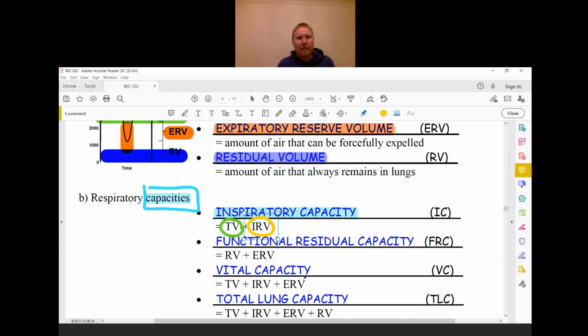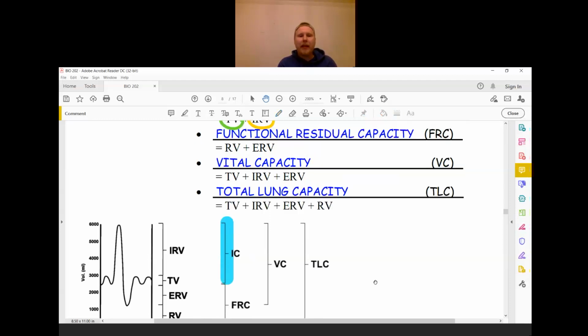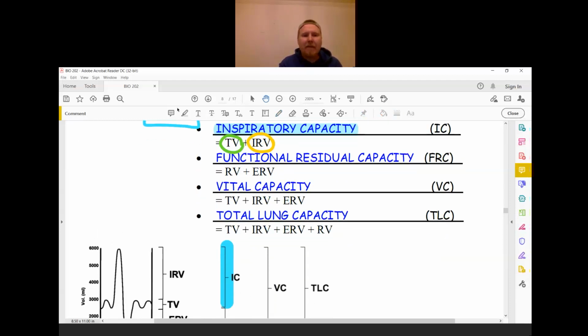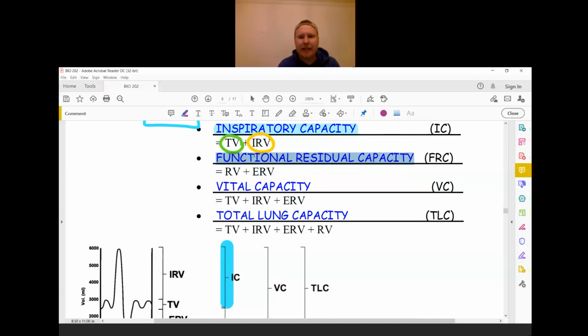The next one that I want to discuss with you is the functional residual capacity, abbreviated as FRC.